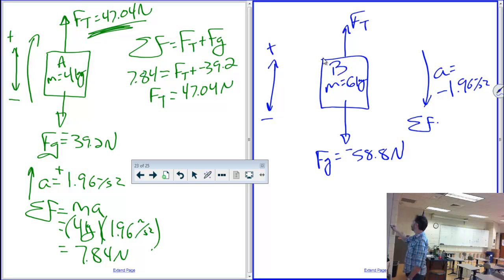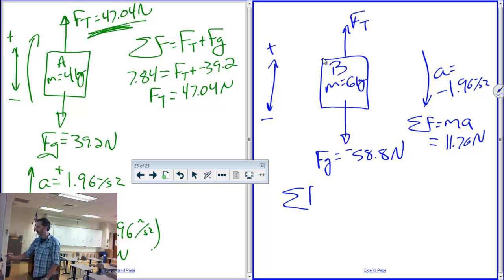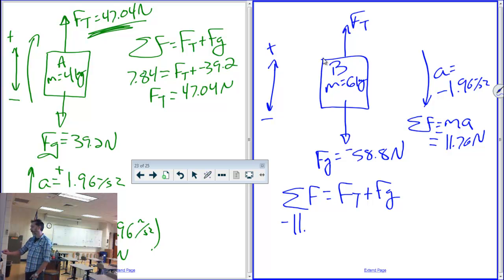So we know the acceleration. Let's find our net force by doing mass times acceleration. That gives you 11.76 newtons. Net force is tension plus gravity. Our net force is, oh, I forgot my negative, negative 11.76. Tension, we don't know.